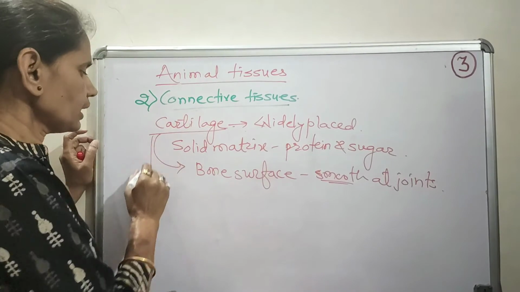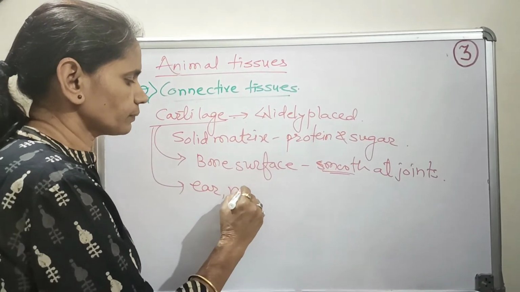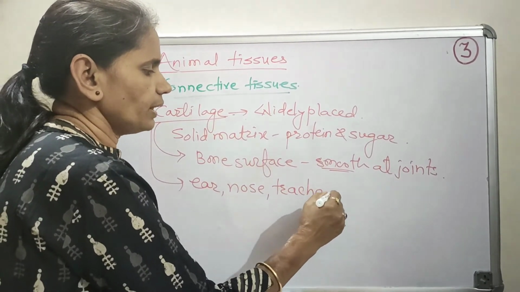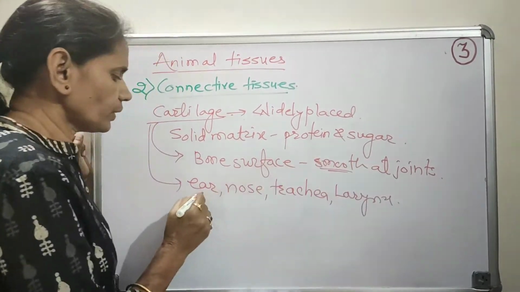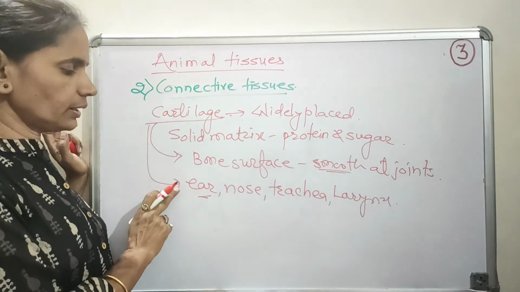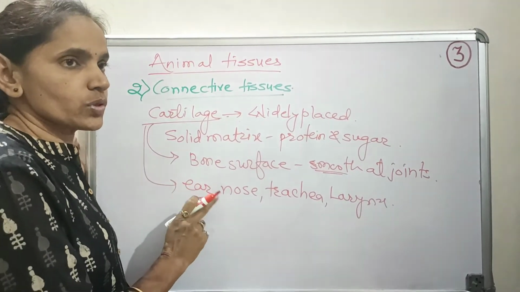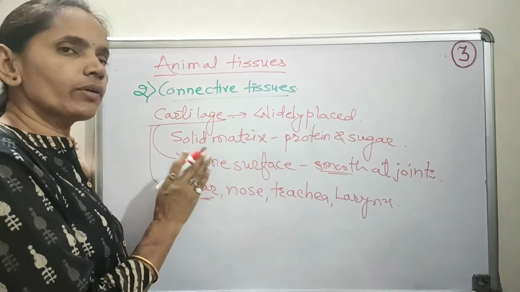Now this cartilage is present in the ear, nose, trachea as well as larynx. Now you can observe that the cartilage tissue at the ear can be folded, but we cannot bend the bones of our arms. So there is a difference between the two different types of connective tissue.